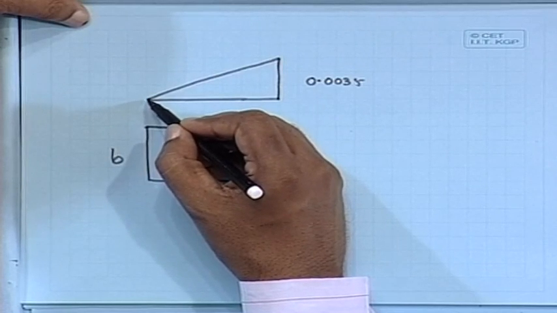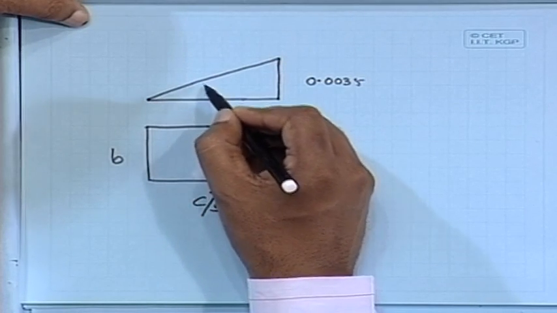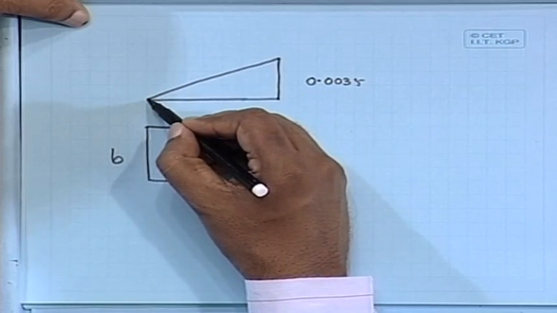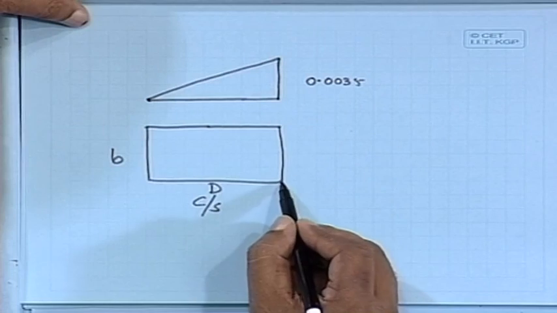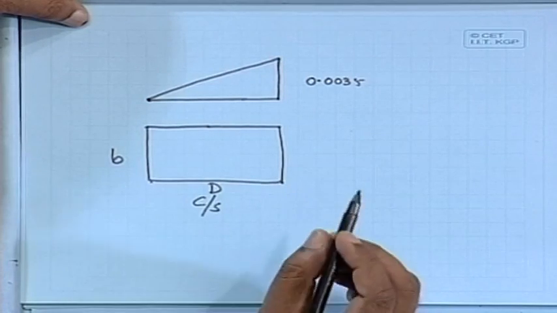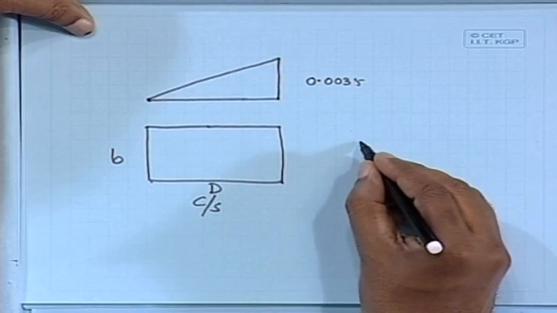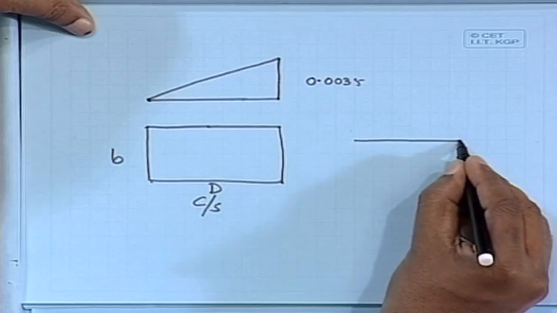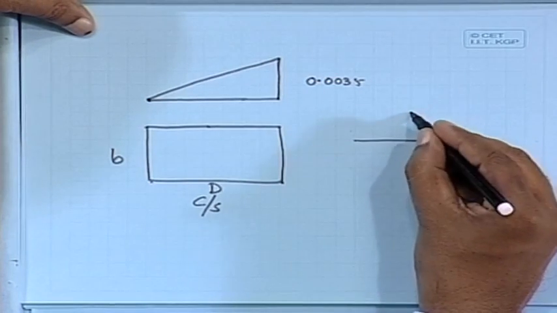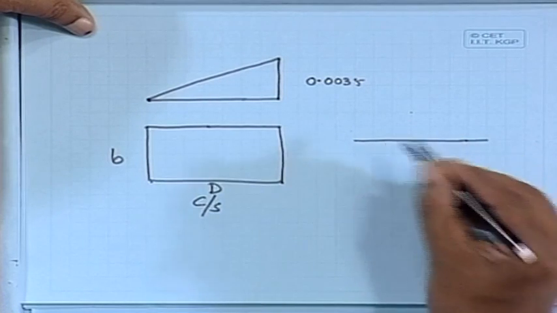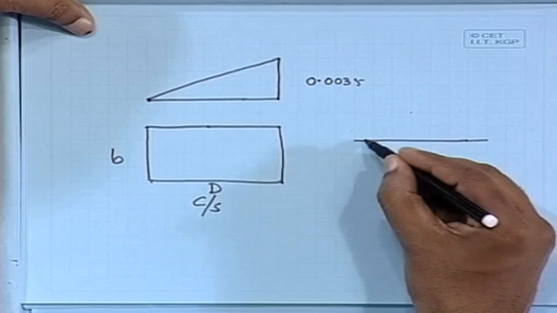That means this is the limiting case, because if we go beyond this, tension may occur. So, I can have this limiting value, from this end to this end. Where will then be your 0.002? It will be somewhere here.